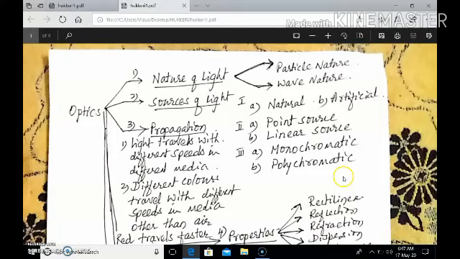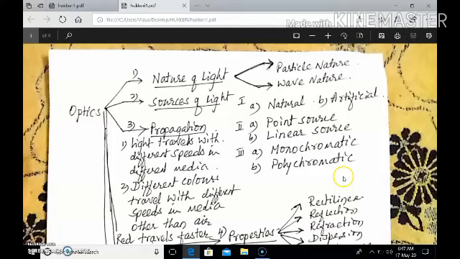Sources of light also are of these types: point source, linear source, or extended source. Third, monochromatic source of light or polychromatic source of light. Monochromatic means single colored light, many colored light is polychromatic.